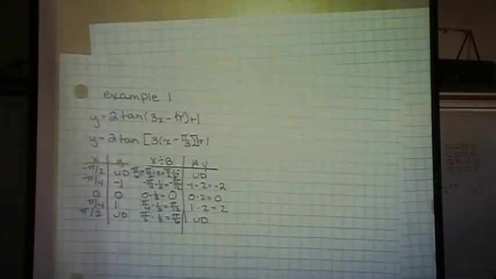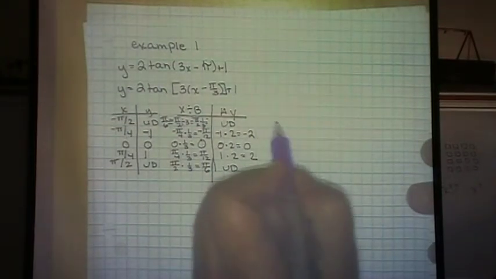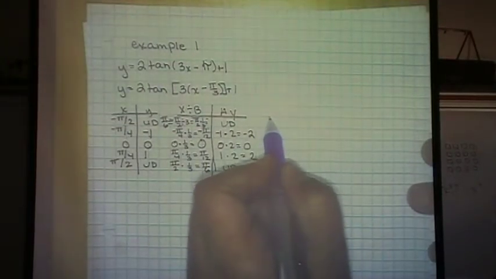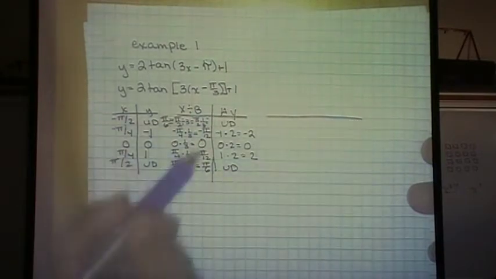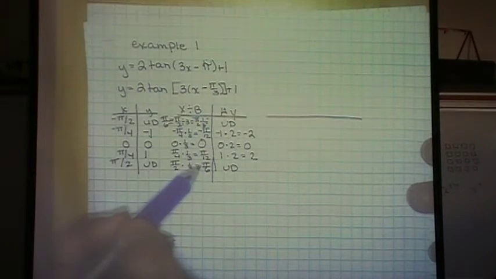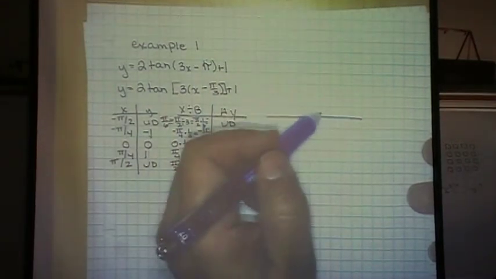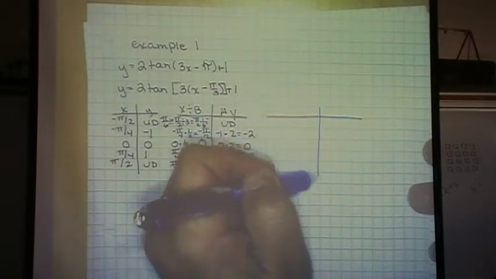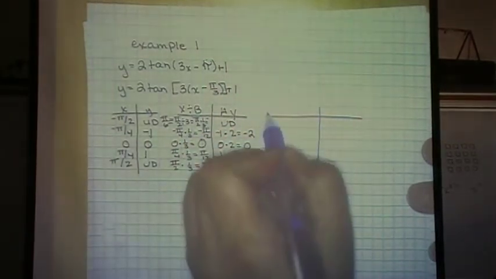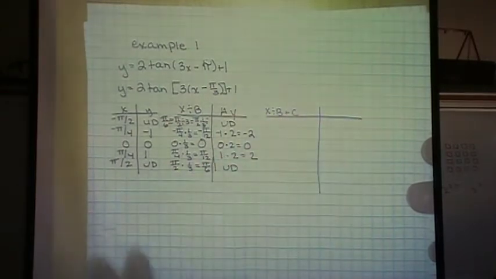Now let's do our other table, our last one. And I'm actually going to change colors so that we can kind of differentiate. And I'm definitely going to give myself room, because for my x values, I have to find a common denominator, because I'll be adding and subtracting. Y values, I don't need that much space. Alright, so now I'm going to have x divided by b plus whatever my c is.